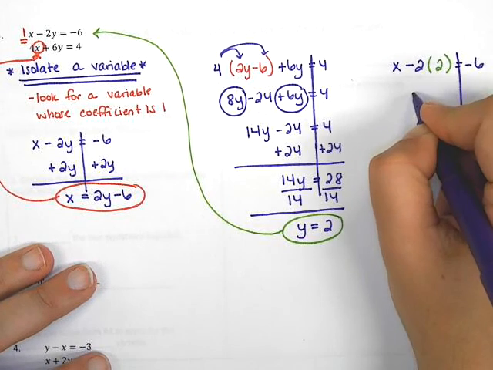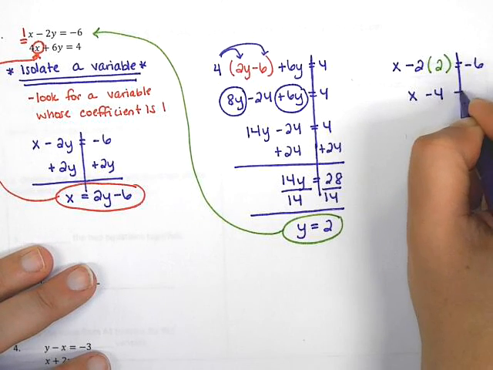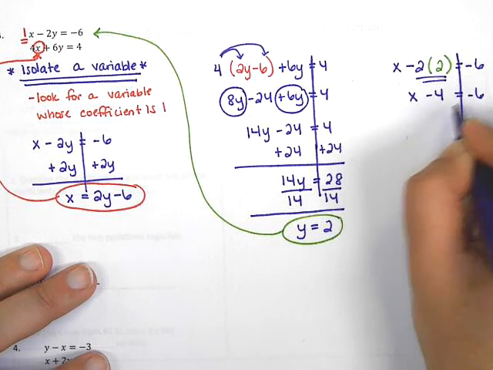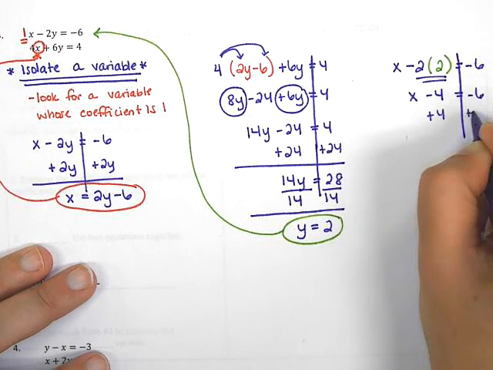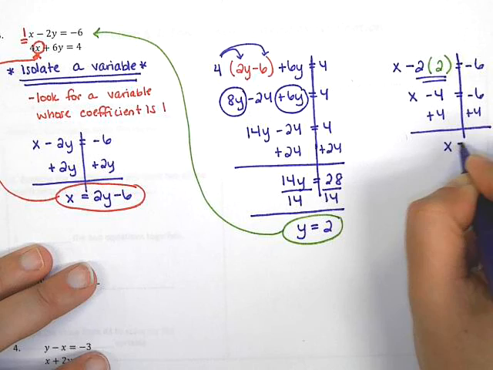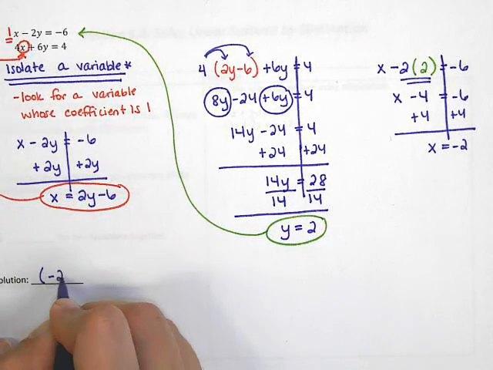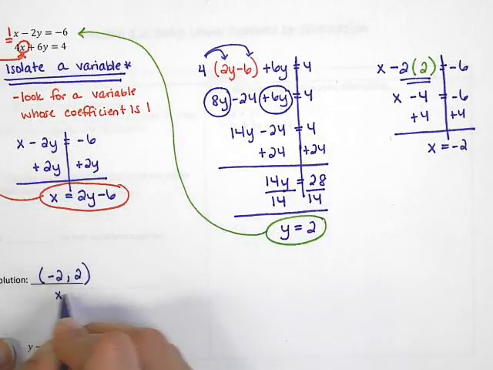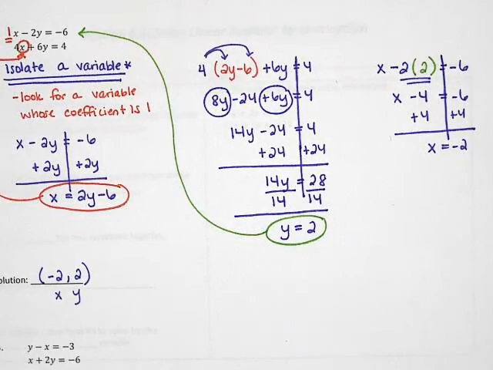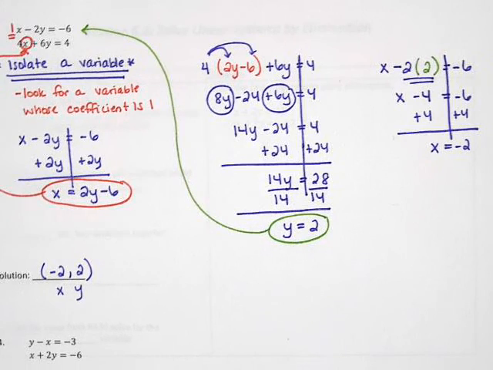Now 2 times 2 is 4, so I would have x minus 4 equals negative 6, which means I would just add the 4 on both sides, so x equals negative 2. And after I know that x is negative 2, my ordered pair is x comma y, so negative 2 comma 2. Let's try one more of these examples where we need to isolate the variable first.